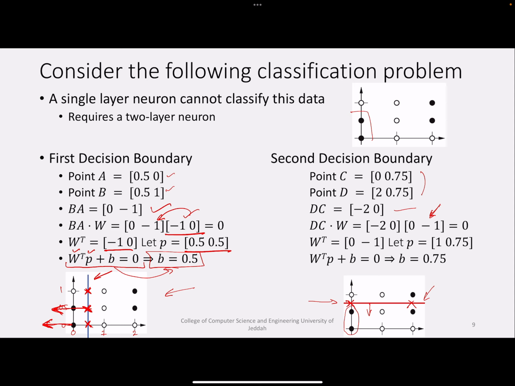We want the weight matrix to point in this direction, so 0 along the x-axis, -1 along the y-axis, so pointing downwards. As you can see, 0, 1 would have also been an orthogonal vector, orthogonal to this distance vector. That would have also worked otherwise.